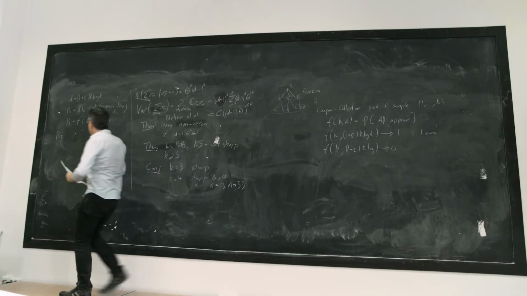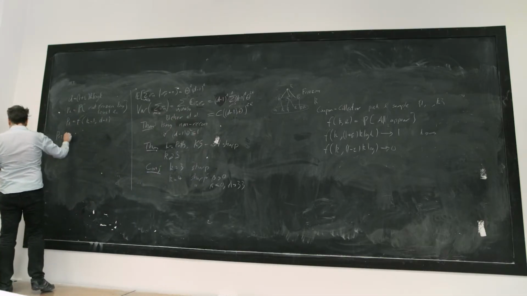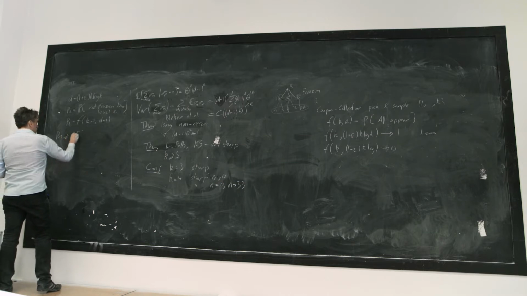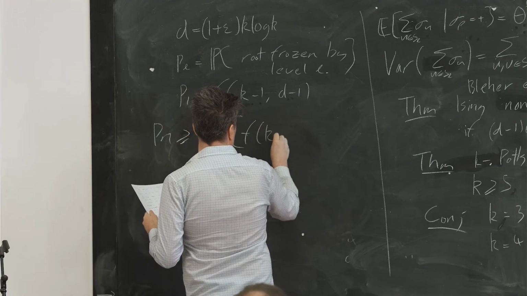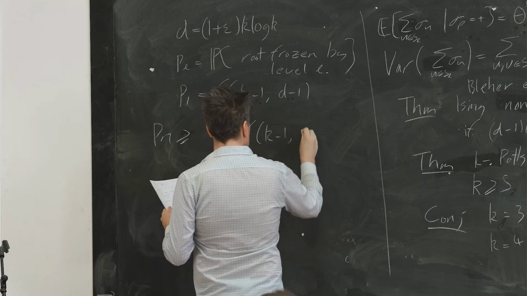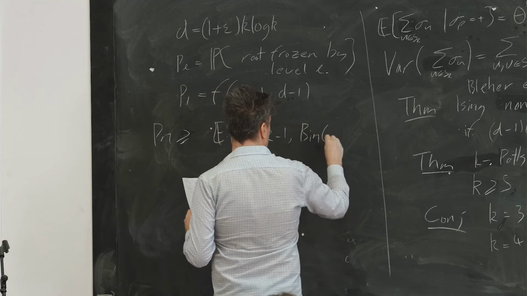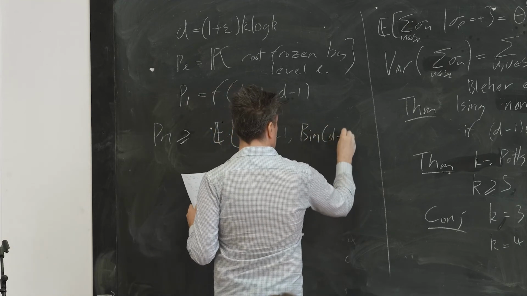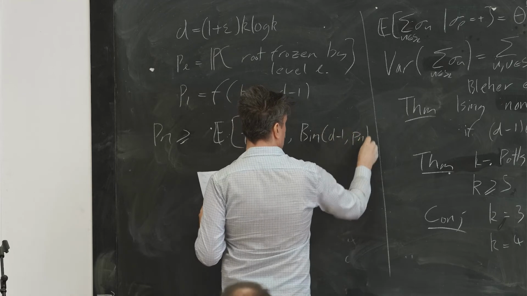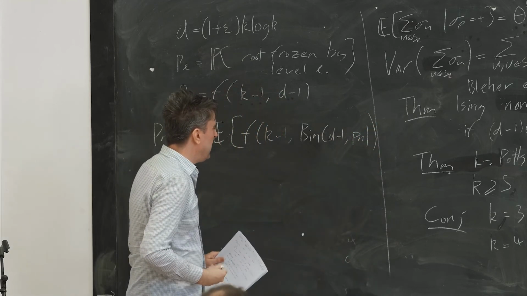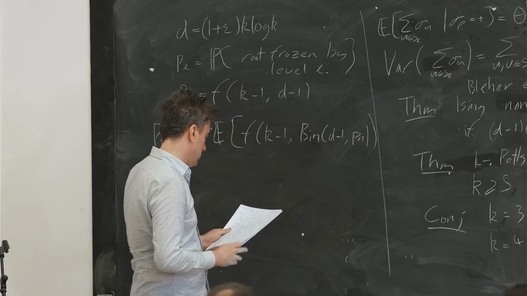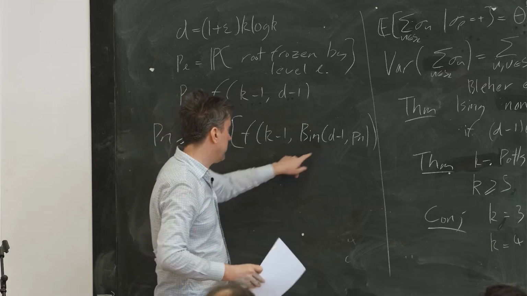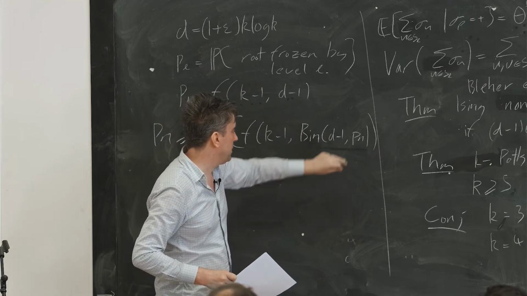And so this would be greater than or equal to the expected value of f of k minus 1, binomial of d minus 1, P_n. And so now I see a random number of samples.